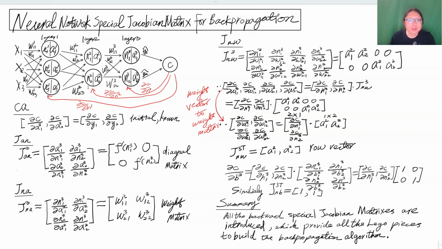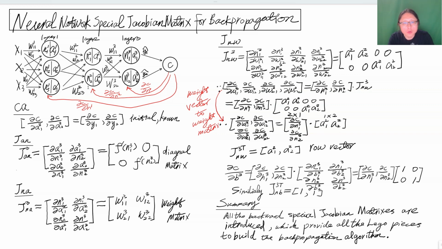In this video, we will only focus on the special Jacobian matrix. In the last multivariable chain rule video, we saw that the relationship of the partial derivatives for different layers is a Jacobian matrix.